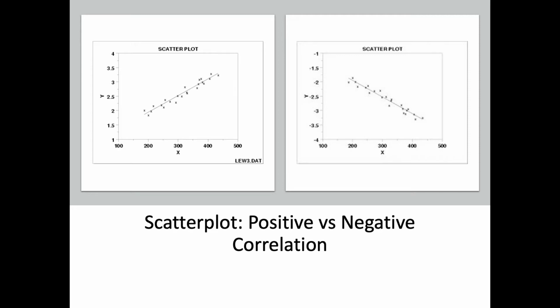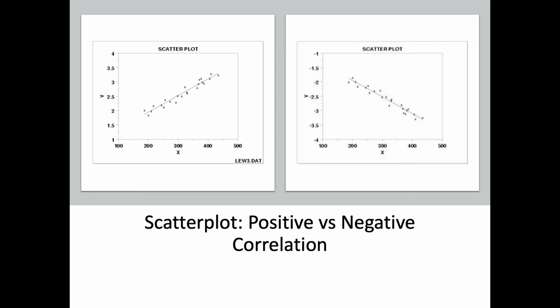On the left-hand side is a positive correlation, which means that when x increases, y also increases. And on the right-hand side is a negative correlation, which means that when x increases, y actually decreases.